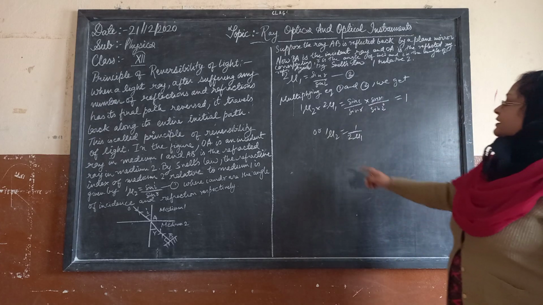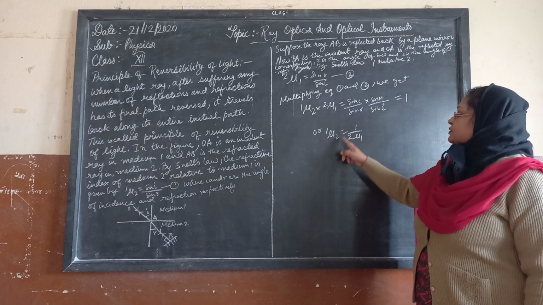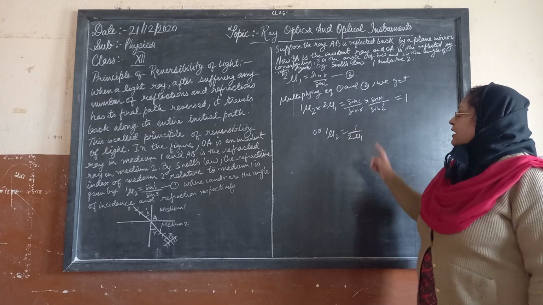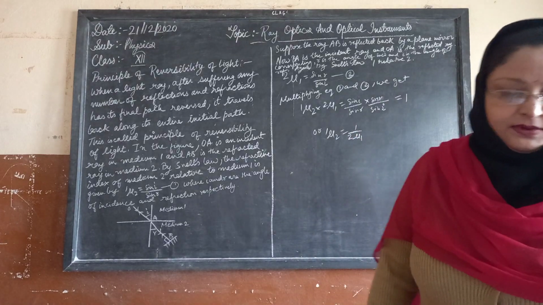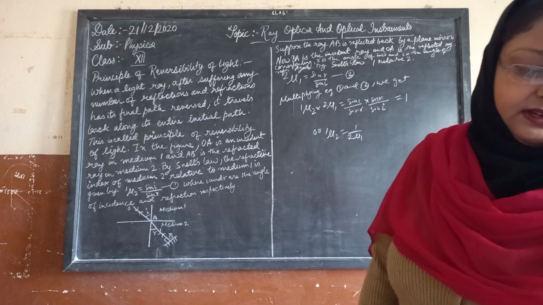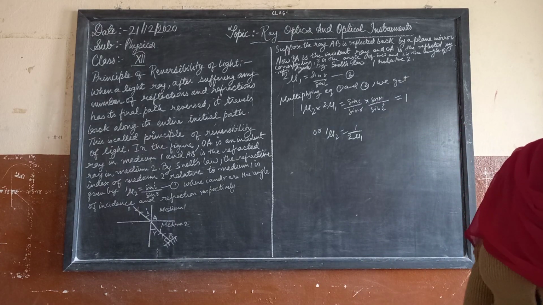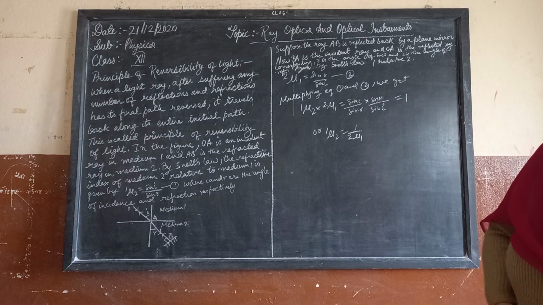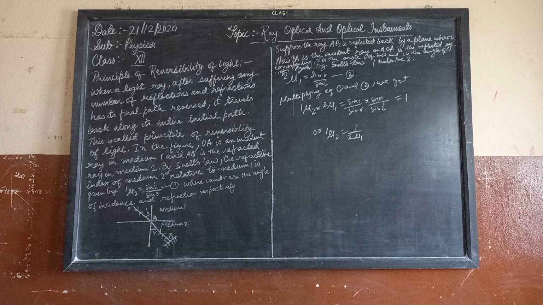So 1μ2 = 1 / 2μ1. This is how the refractive index of medium 2 relative to medium 1 is equal to the reciprocal of the refractive index of medium 1 relative to medium 2.